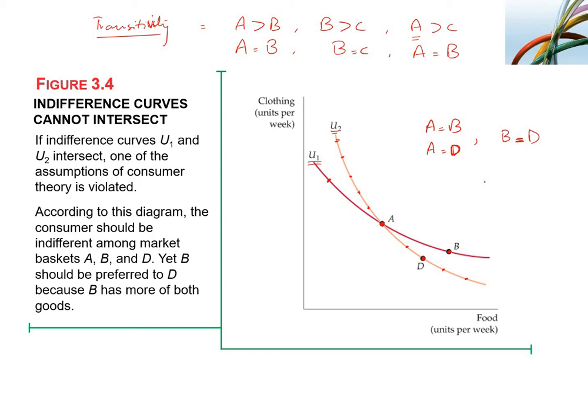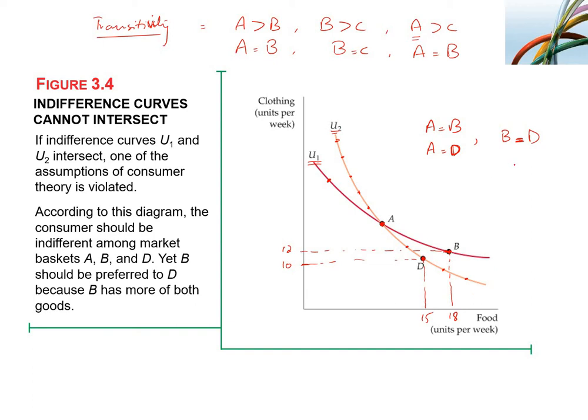Is that so or not? But is B equal to D here? For example, if we see where D is lying, it is giving 10 units of clothing and 15 units of food. Now look at B. B is offering more: 12 units of clothing and 18 units of food.